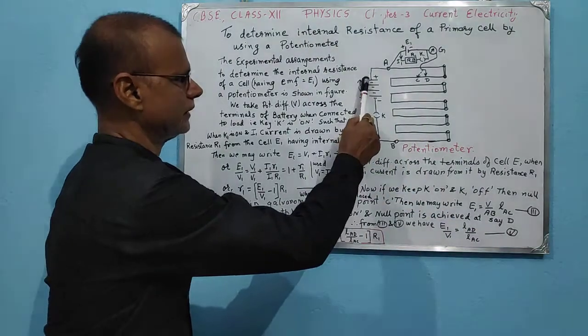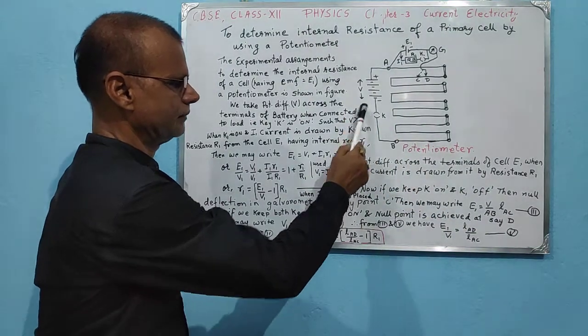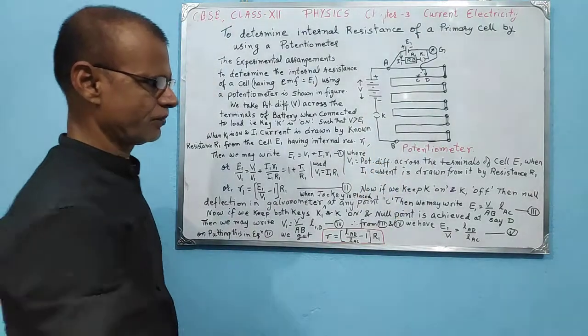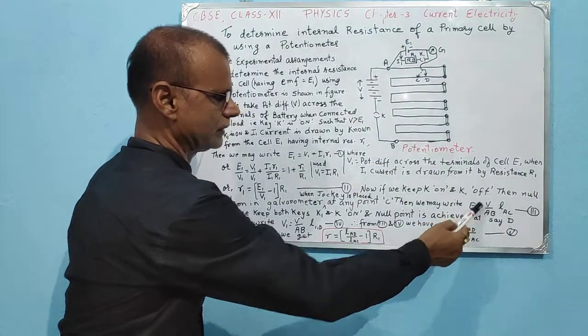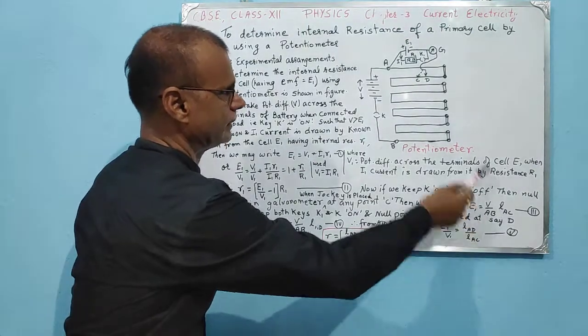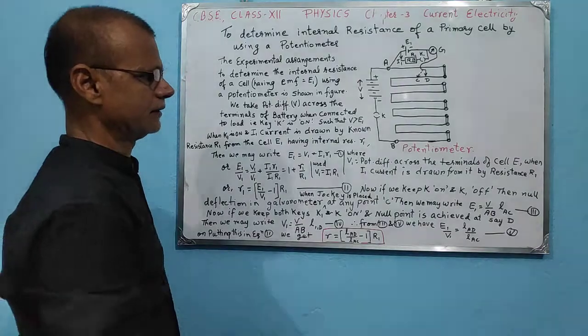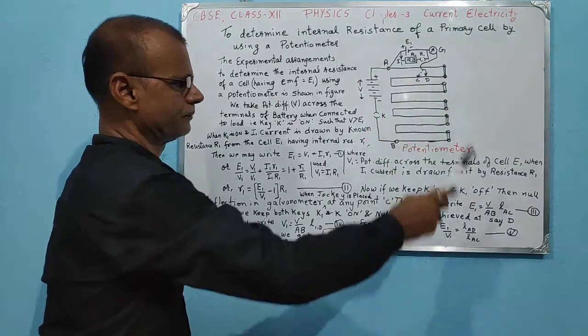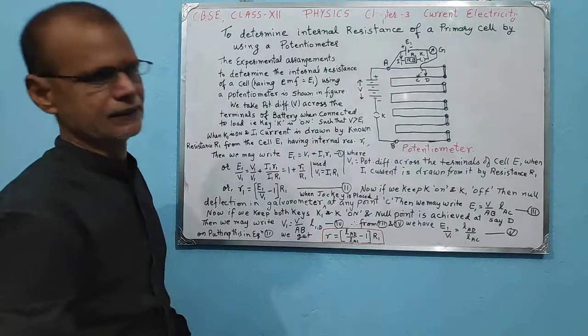V is the potential difference across the battery, and AB is the total length of the potentiometer wire. That is the potential drop per unit length of the potentiometer wire, multiplied by the length at which the null deflection is found, that is the length AC.